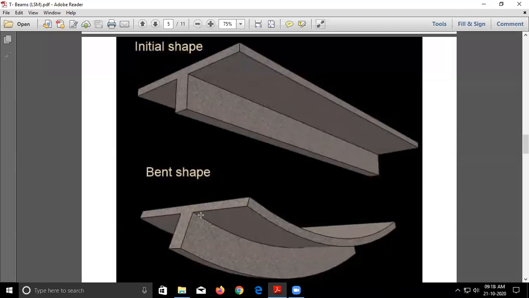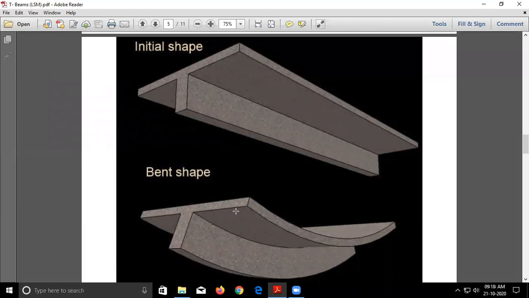How much width should we take for this T beam? We know that some portion of the slab will also behave as part of the beam while subjected to loading. So how much width of this T beam should we consider? That is the question.